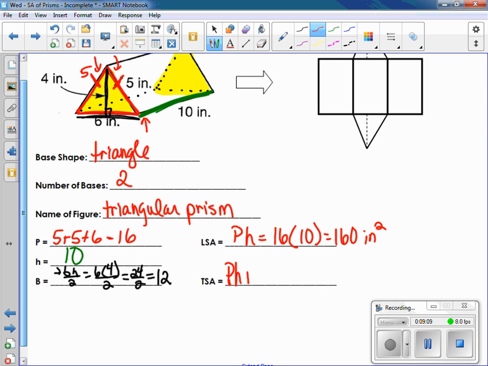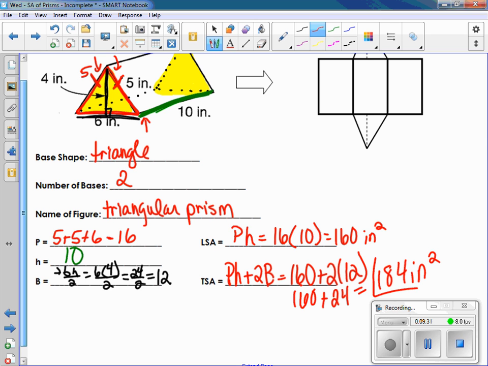So my total surface area is perimeter times height plus 2b. I already figured out that perimeter times height is 160. So plus 2 times the base, I already figured out the base was 12. So I've got 160 plus 24. That's going to give me 184 inches squared. And that is the entire prism.